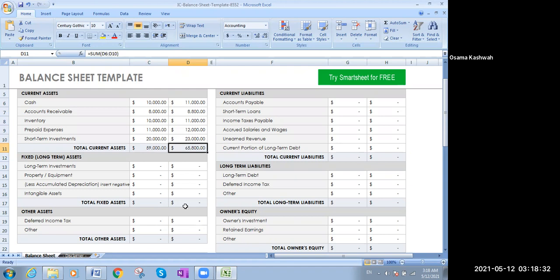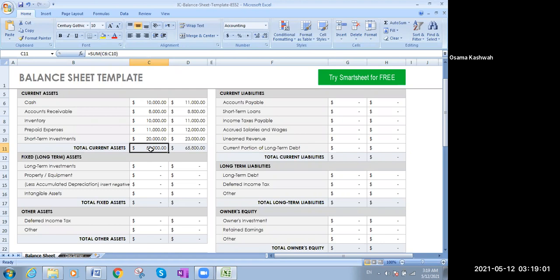So if you want to know how did we calculate it, if you stop here as example, then you will say this is C11. On the cell C11, if I want to write equals, then I will see the range from C6, two dots into C10, like I showed you before.